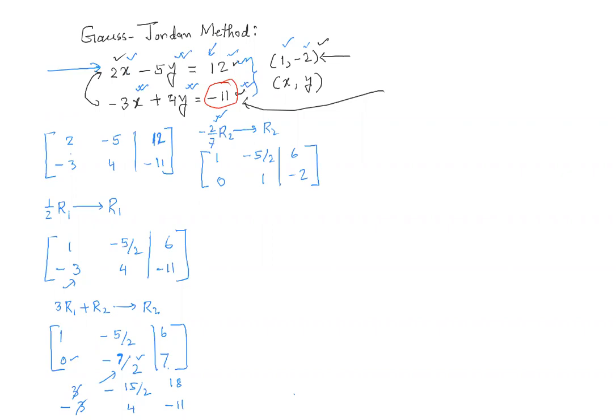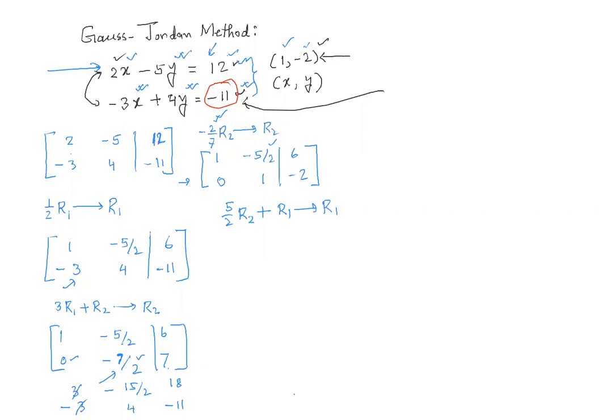Okay. Now you want to make this guy a 0. You can multiply the second row by 5/2. So 5/2 times row 2 plus row 1 becomes your new row 1.